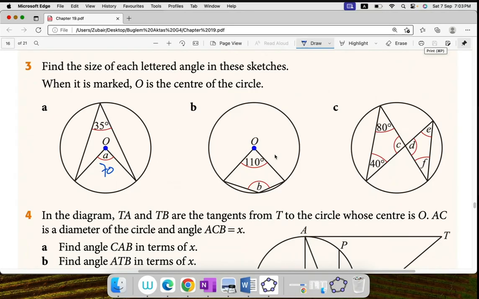No. This is not at the circumference. So that's why it would be maybe 55. That is 125. Half of 250. Okay, so 250 because it's the outside, the other way. Yes.